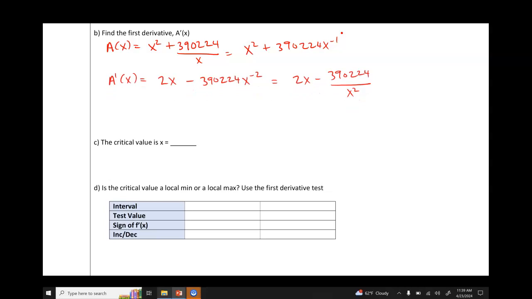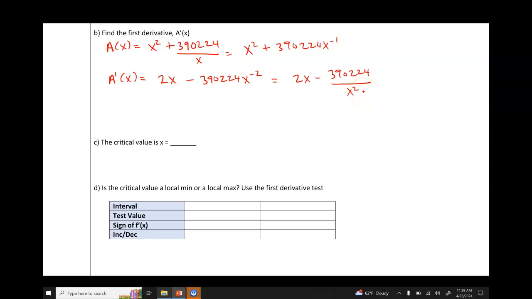And then we're going to use our rules of differentiation. So the 2 comes down and becomes a 2x. The negative 1 multiplies to the 390,224, so we get negative 390,224, and we subtract 1. That gives you x to the negative second. We can't have negative exponents in the final answer, so this becomes 2x minus 390,224 all over x squared. So that's the first derivative.